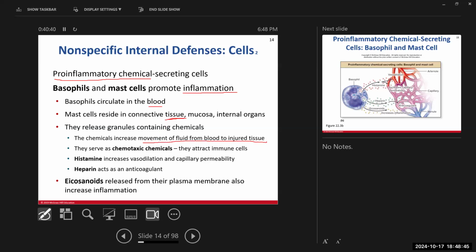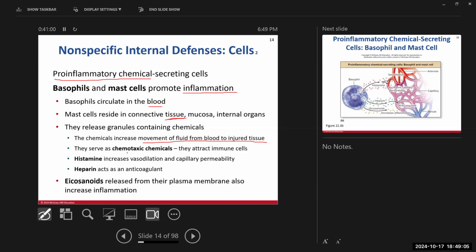In that case, we need to rush some of our immune cells to the site of injury. The mast cells help with that because they're going to release the heparin. I already talked about this. And they're going to release the histamine, making your blood cells leaky and allowing stuff to flow out of your blood into the tissue there. And so they're very, very helpful.